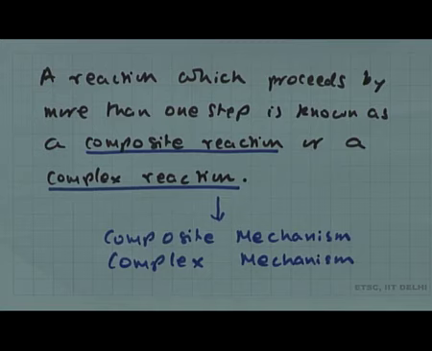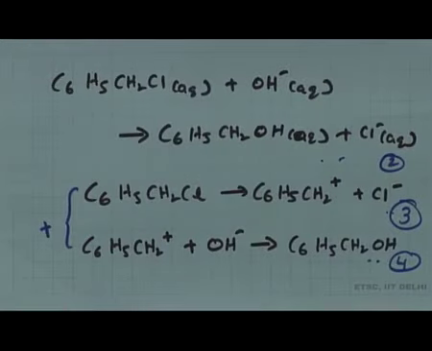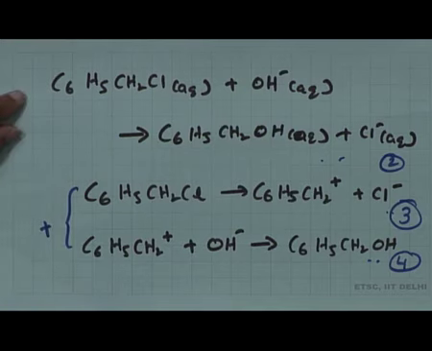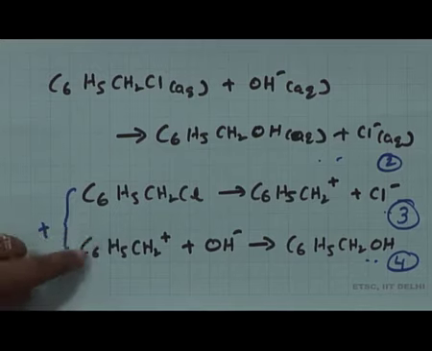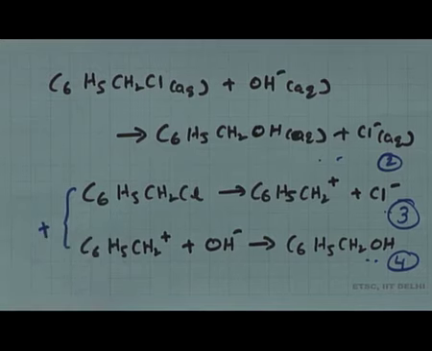However, if I go back to this, please note that though this reaction is a composite reaction, it is made up of these two steps, that is more than one step, hence composite or complex, but each step is elementary in nature. Each step is elementary in nature. So, what we can say is that a composite reaction or a complex reaction is nothing but a sequence of elementary reactions. There can be 2 elementary reactions, there can be 3, there can be 4, depending upon the complexity of the reaction, right.